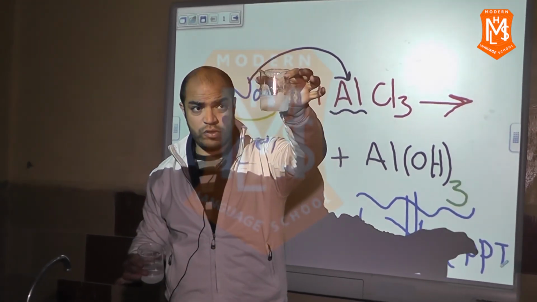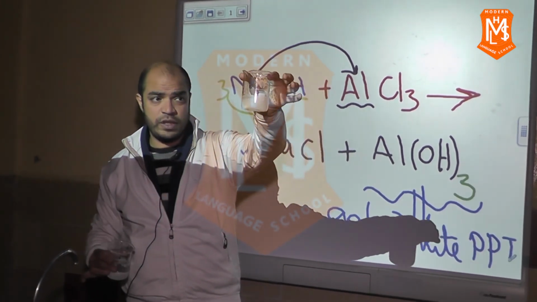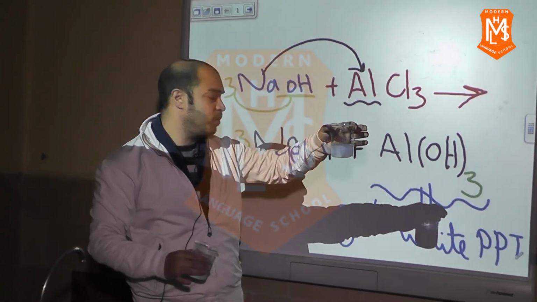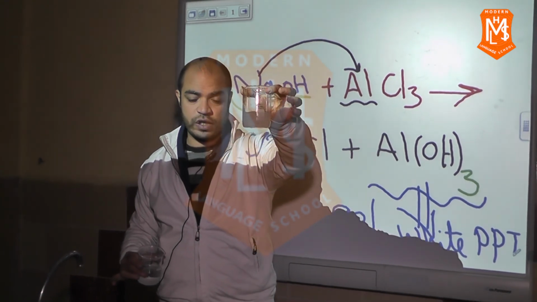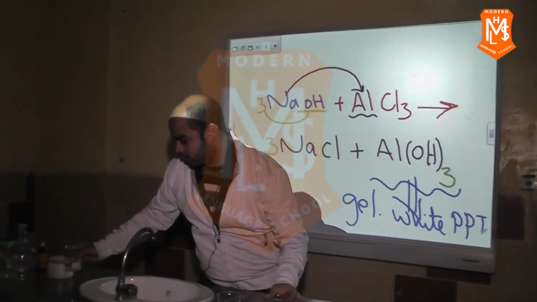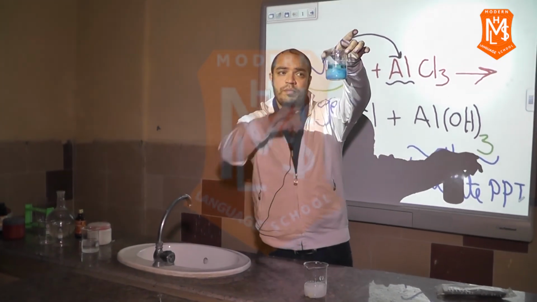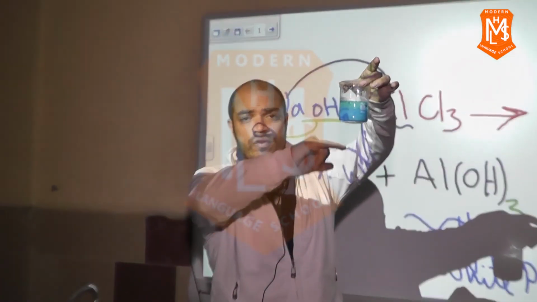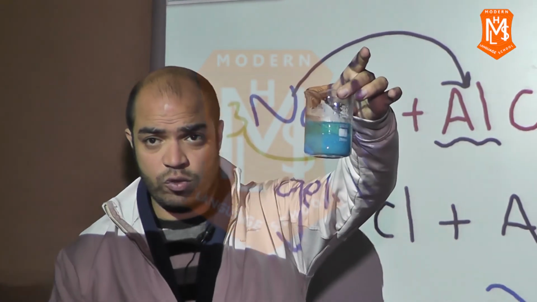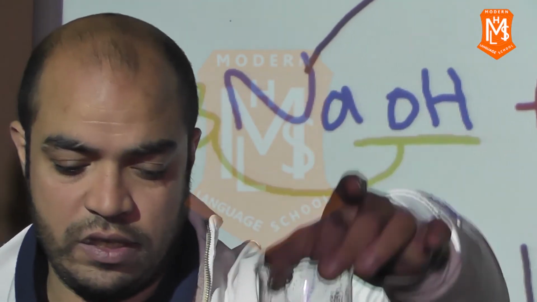As we observe, a gelatinous matter is formed, which is aluminium trihydroxide. Also, in the previous experiment, there was precipitation of copper dihydroxide, which is a blue precipitate.